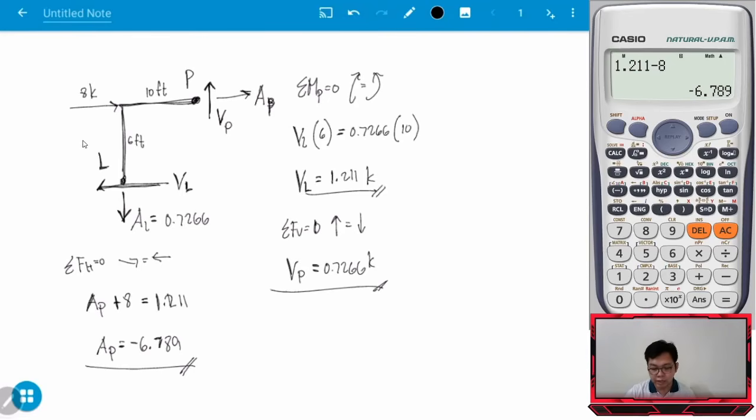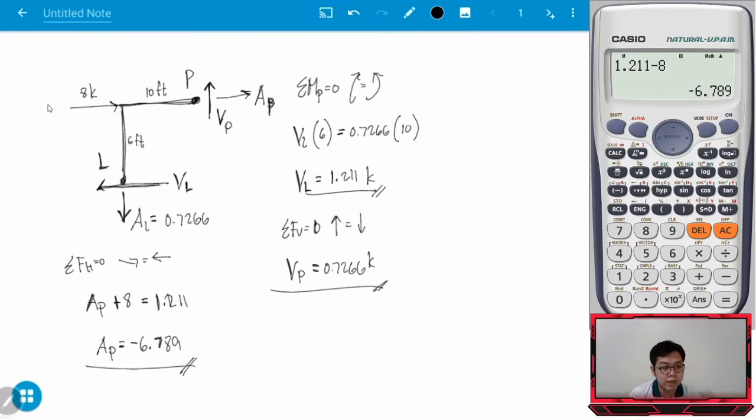Medyo may discrepancy kasi kami sa last decimal place, so siguro nag-matter yun. Anyway, let's just assume na same lang. So 0.725, more or less equal lang yan sa 0.726.